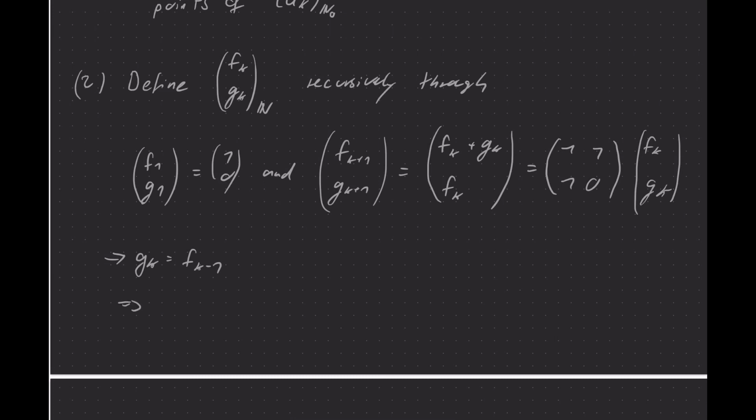So that means F_{k+1} is F_k plus G_k, and G_k lags behind by 1, so G_k is F_{k-1}. So basically this is a complicated way of formulating this recursion: F_{k+1} equals F_k plus F_{k-1}. And this sequence is known as the Fibonacci sequence.